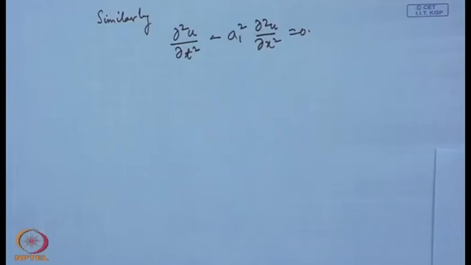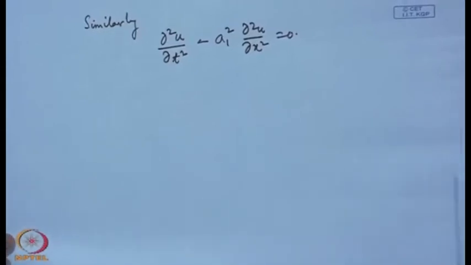So, we see that the density disturbance as well as the velocity disturbance both satisfy the wave equation, and the disturbance propagate with a definite wave speed, which in this case is a 1 or the speed of sound.